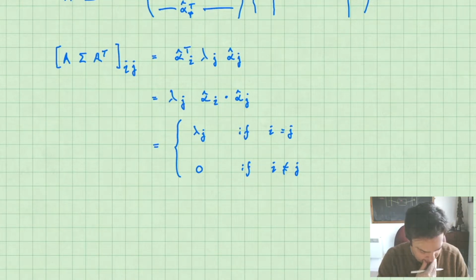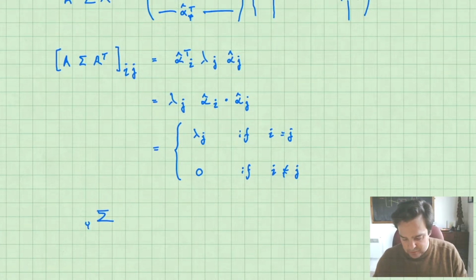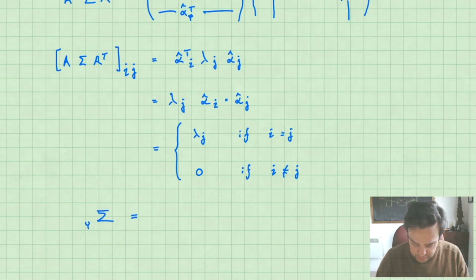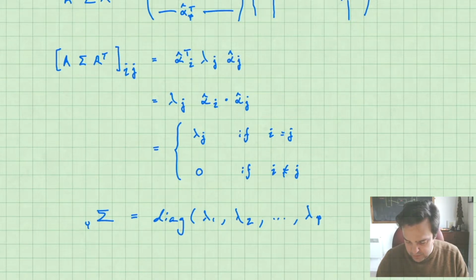So this is nice. This matrix on the left, where we're looking at row i, column j of it, if it obeys this rule, it's just a diagonal matrix, and that's sigma y, right? If you go back up here, this is the thing we were analyzing. So what we find is that sigma y is diagonal, and its elements are lambda 1, lambda 2, and so on, up to lambda p.